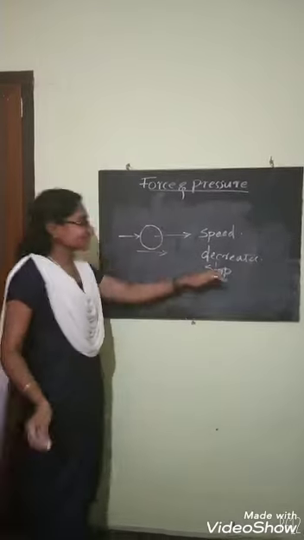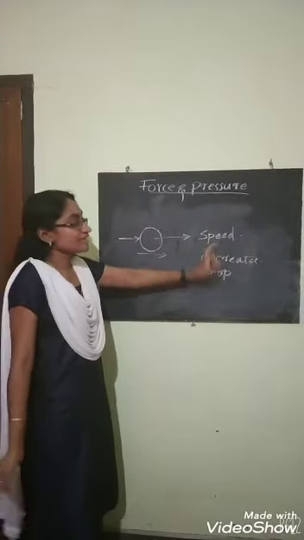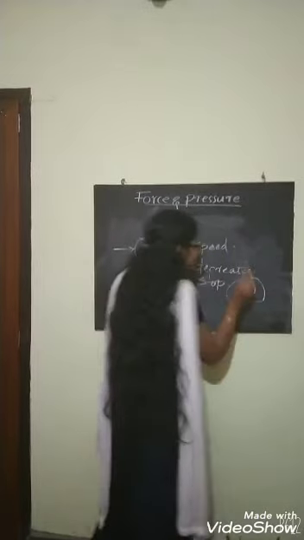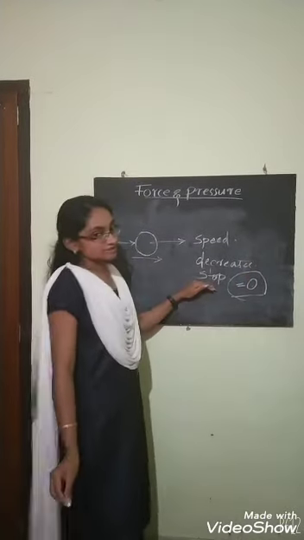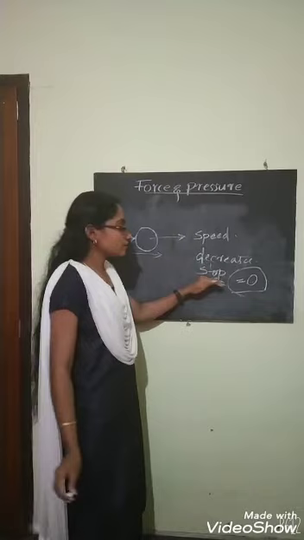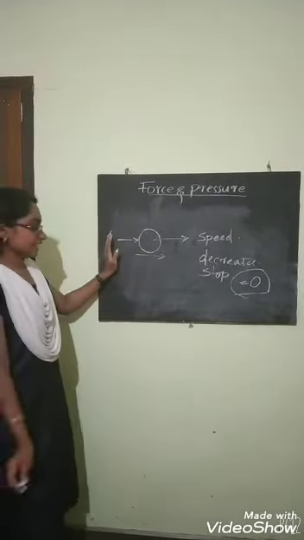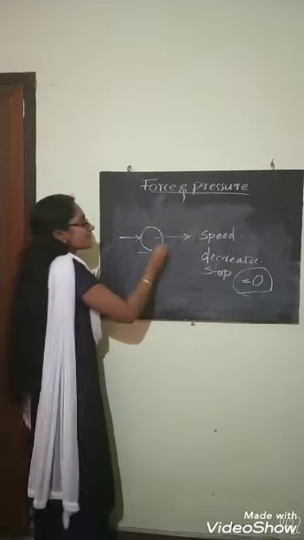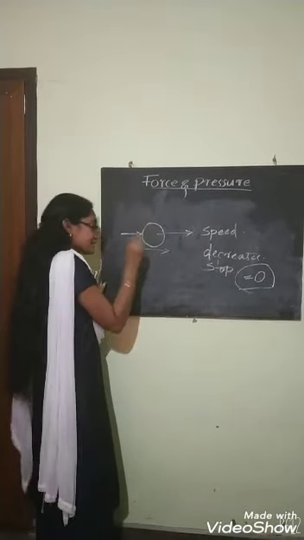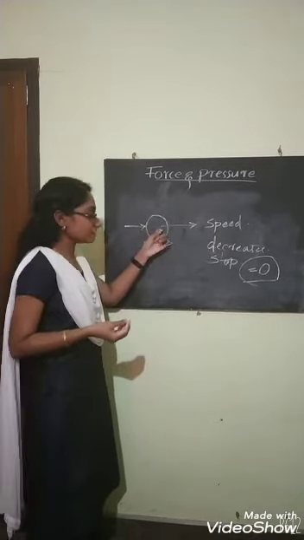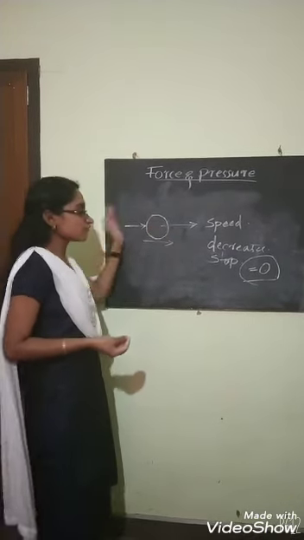What is this stopping of an object called? When the speed of an object is 0, then the object is at rest, or the object has stopped. That is, for an object moving with a certain speed, we can increase the speed of the object by giving a certain force on this object.